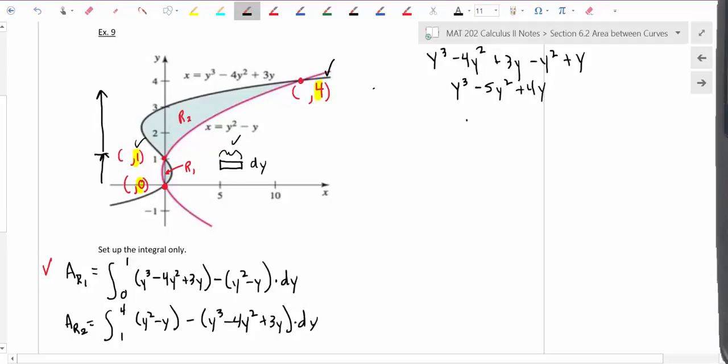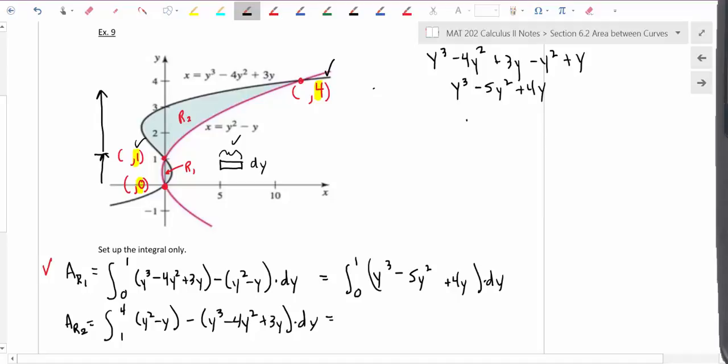Okay, so what we're going to end up doing then is the simplified version of this integral is 0 to 1, y to the third minus 5y to the second plus 4y times dy. So we're going to do that integral.